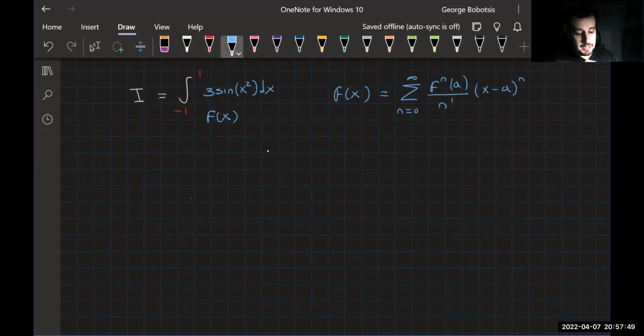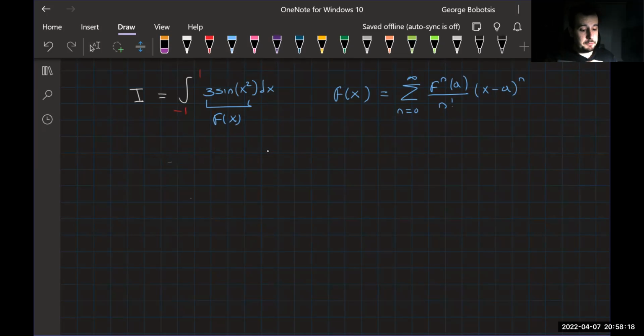Again, notice what's going on here. This function, if I start taking derivatives, look what I'm getting: 6x and then cosine of x squared. If I plug in 0 again to do the Maclaurin series, I get a big fat 0.